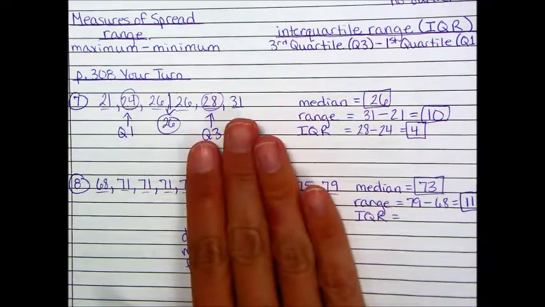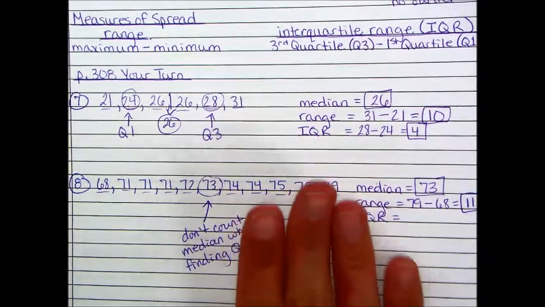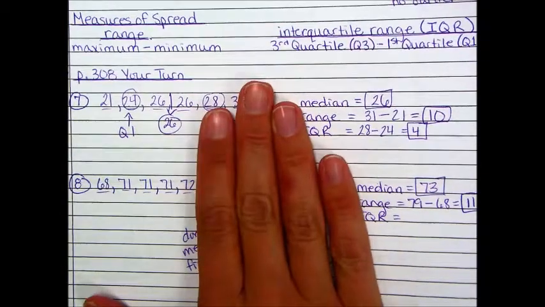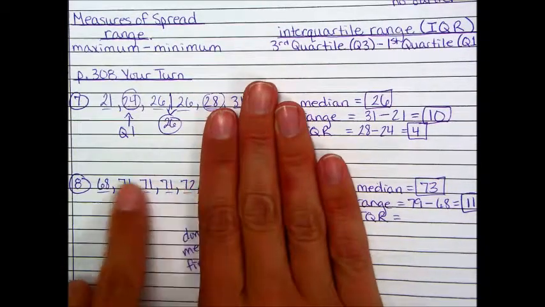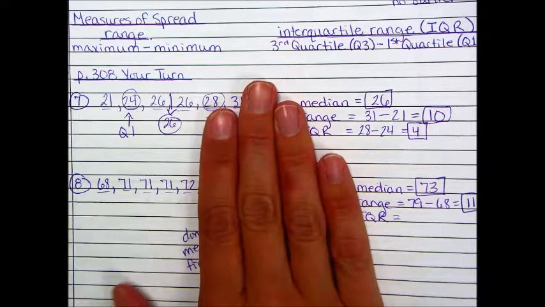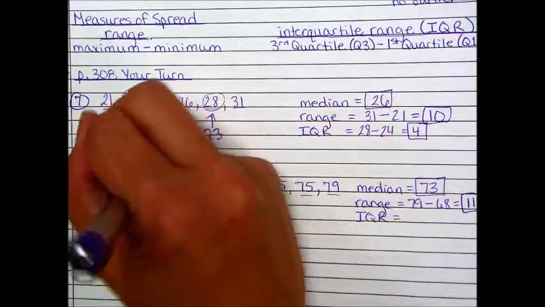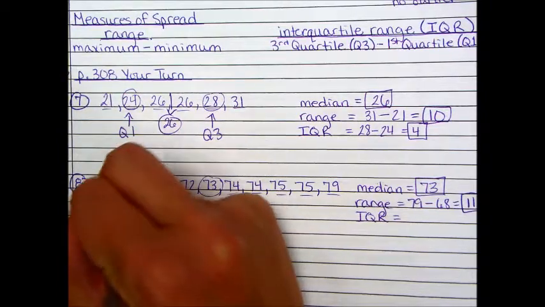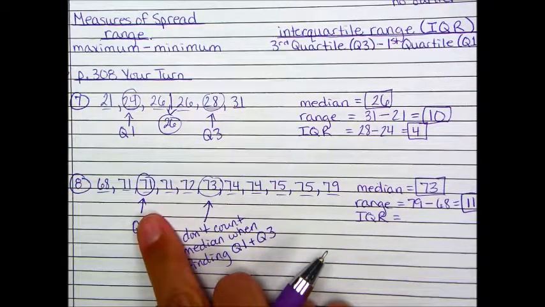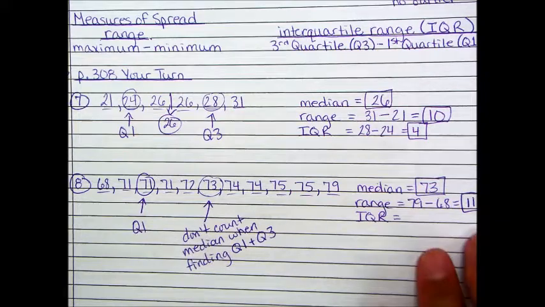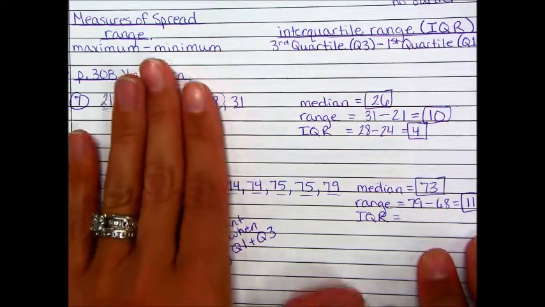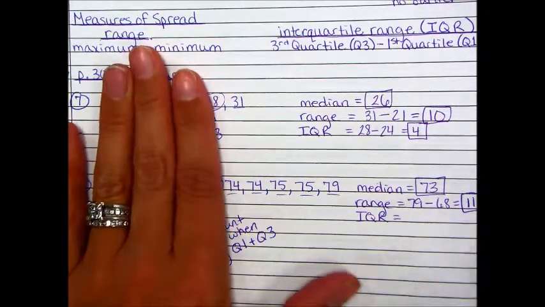It's the median and it's out. So you want to look at only the numbers below 73. Out of these 5 numbers below the 73, the middle one is 71. That's Q1. Then when you do the upper half, don't count the 73. The 73 is not part of the upper half.